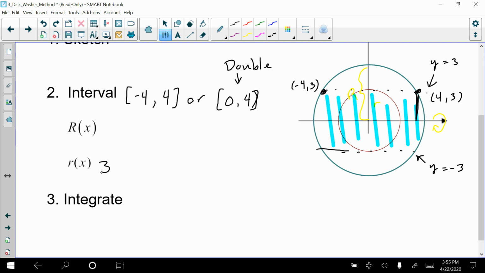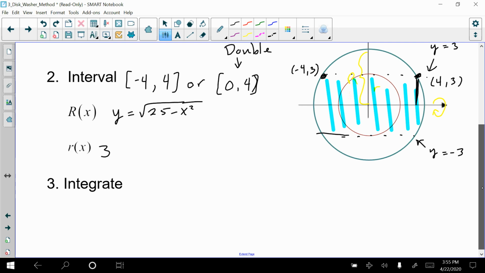For the exterior radius, we take the equation of the big circle and solve it for y, and I get y equals the square root of 25 minus x squared.